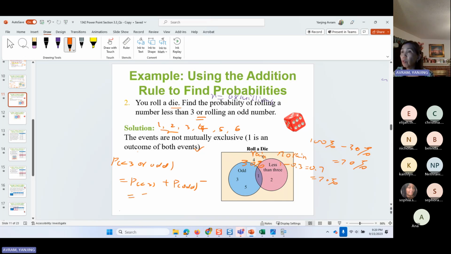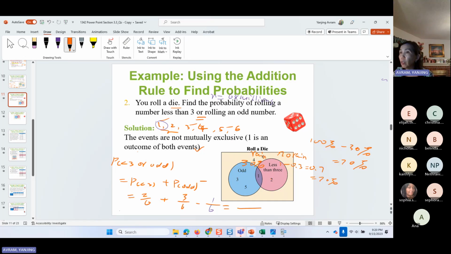So if you count the 2 out of the 6 and an odd number, you have 1, 3, 5, 3 out of the 6. You just counted 1 twice. Look at it, you just counted 1 twice. Okay, so you counted 1, so you have to minus 1 over 6 once, so you don't overcount. All right, because you counted 1 is less than 3, also counted 1 is an odd number.